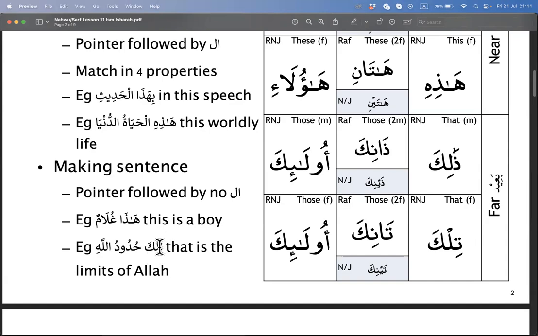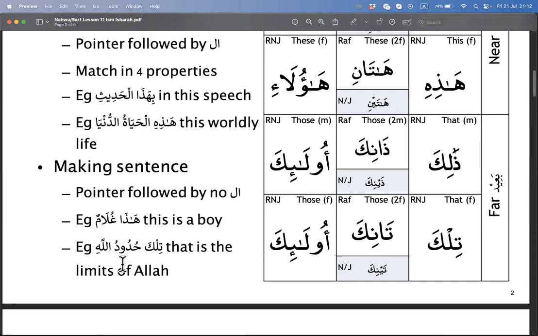This is a question. This is a sentence. So you will start with Rafa. But you said this is singular feminine, right? Why do we use singular feminine? Is hududu singular feminine?